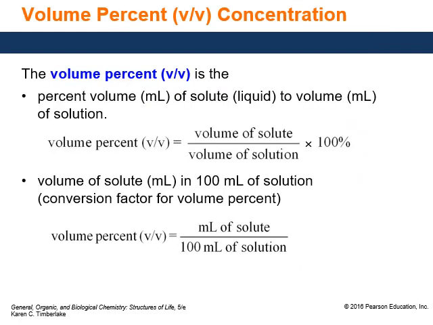The next kind of concentration we saw was volume percent, which is volume of the solute divided by the volume of solution times 100. And again, if the question tells you you have a 10% volume by volume solution of NaOH, you would use this information as a conversion factor. You can use this information to develop this conversion factor, which would be 10 ml. Again, volume over volume, we usually talk in terms of ml.